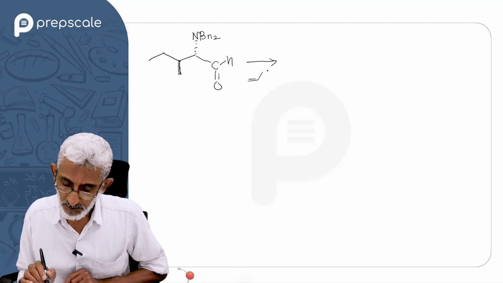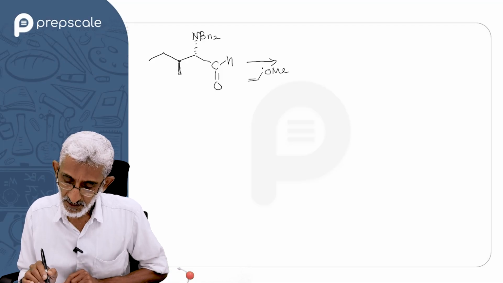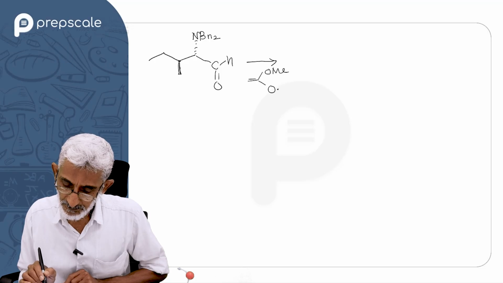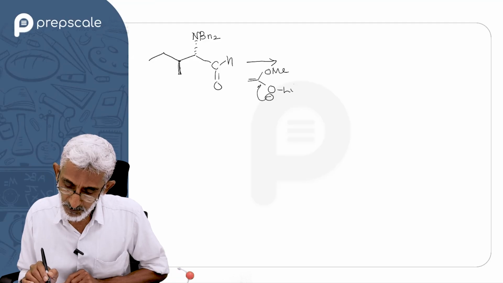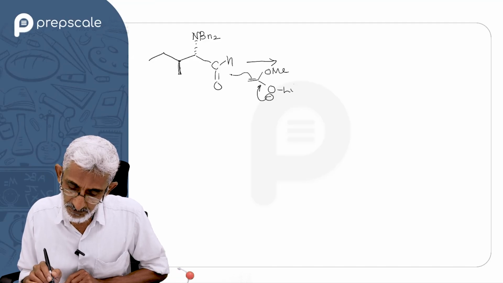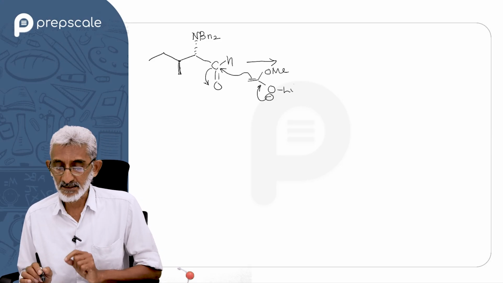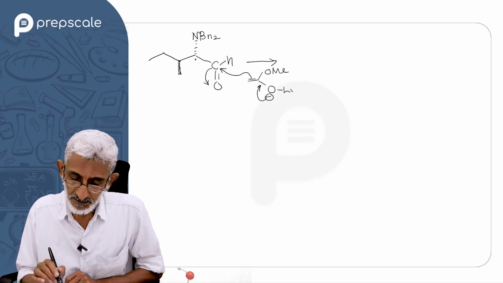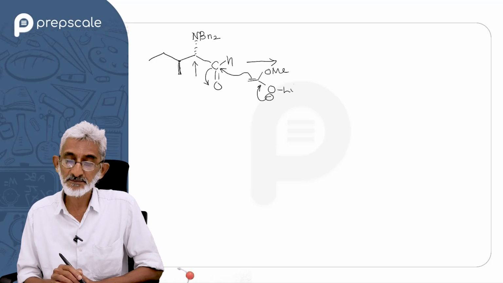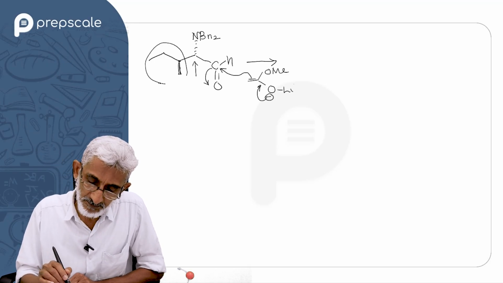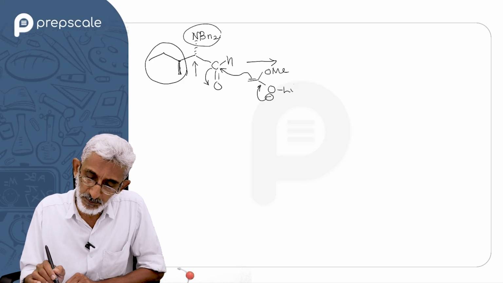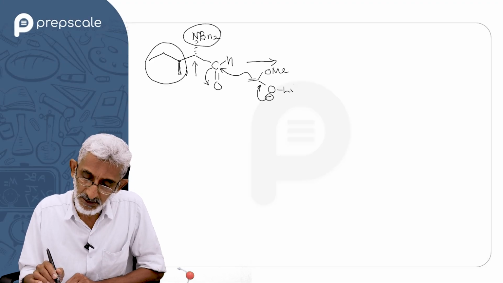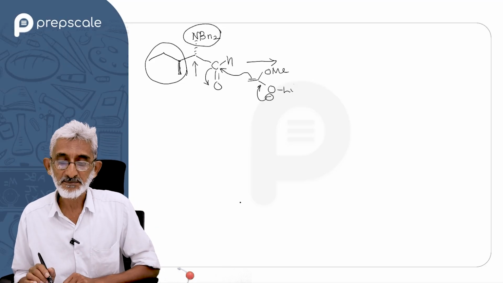I have this OME here and OLI here. So it is this Li plus. So this will go back. This will attack here. Again, this is the chiral center which decides. This is one group, this is the second group, and you have the hydrogen on the front side. That is the third one.